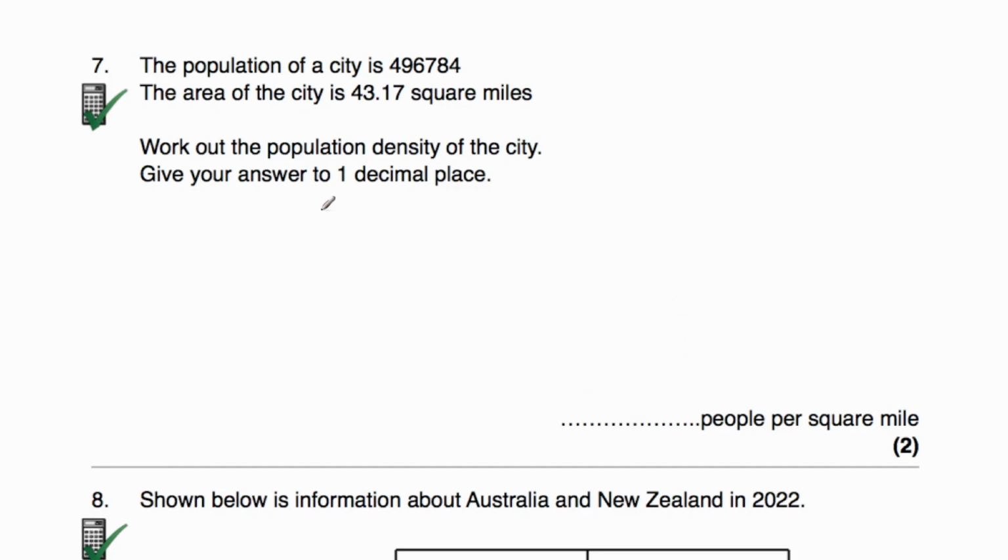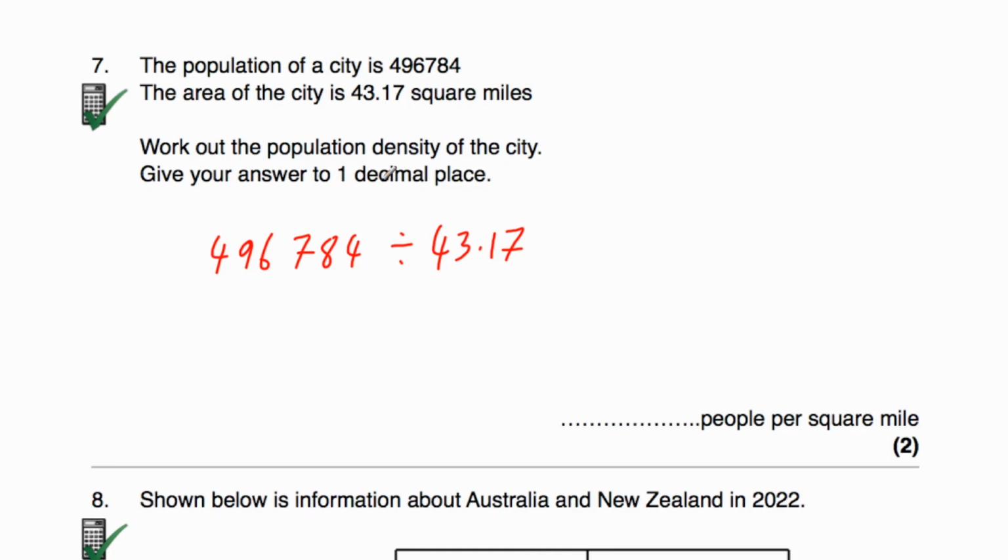Okay, let's have a look at our question. So we know the population, so we know how many people there are, and we know the area of the city, 43.17 square miles. So if we divide the population by the area, we'll find the population density. So 496,784, and if we divide that by 43.17, that would tell us how many people will be in each one of those square miles.